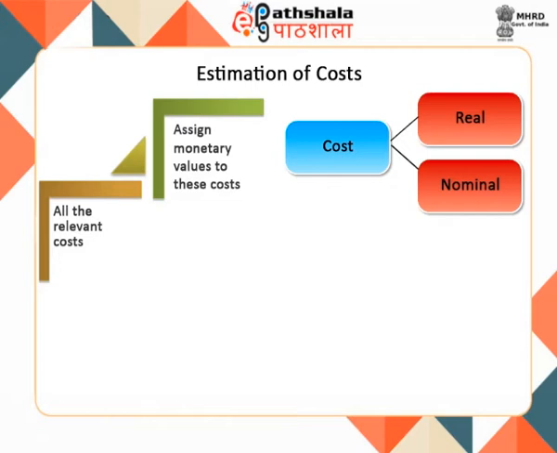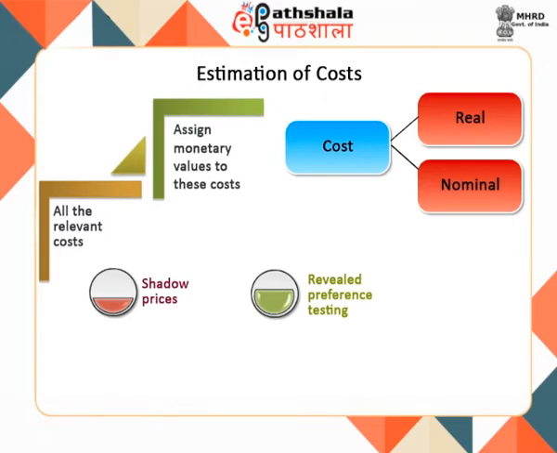Techniques to put a value for costs and benefits of intangibles in the analysis are: shadow prices are used in cases where market price does not reflect the true cost of a good or service to the society. Revealed preference testing assigns a value to a good which is not traded directly in the market using the value of a related good being traded in the market.